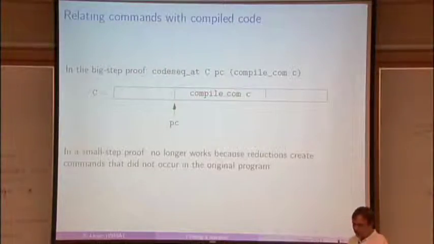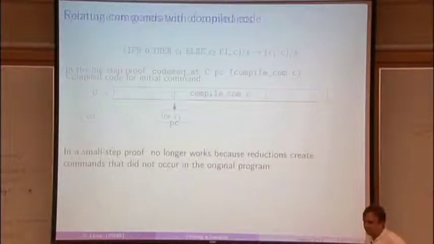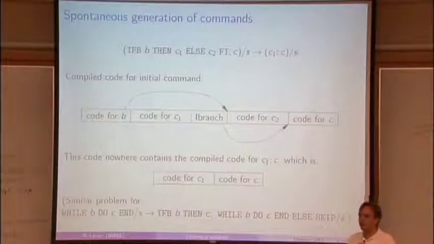Okay, problem number two is relating the current command with the compiled code. So remember the big step proof, we had this predicate that just says, okay, at PC, so this is the big code generated for the whole program, at PC we have the compiled code for the current command, the command under focus. And in a small step proof, that predicate is not enough because there's what I call the spontaneous generation of commands.